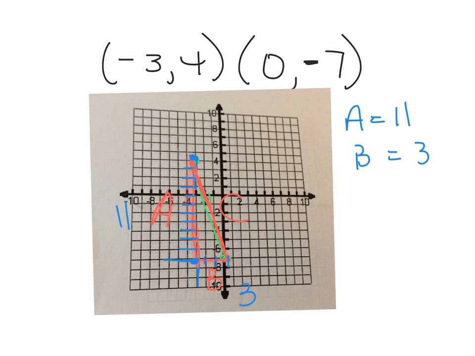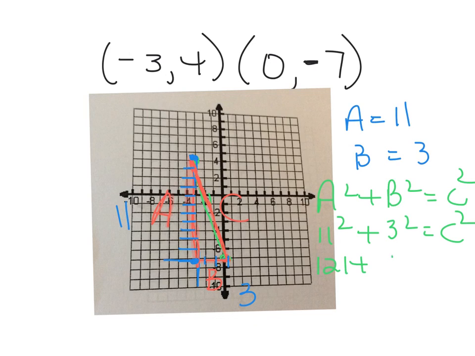Okay. I'm ready to do the Pythagorean Theorem, so I'm going to do a squared plus b squared equals c squared. So 11 squared plus 3 squared equals c squared. So this is 121 plus 9 equals c squared. Now we've got 130 equals c squared, and of course the last step, take the square root.